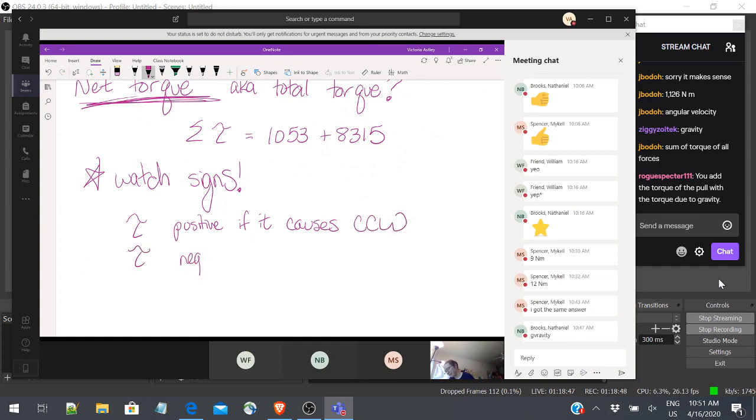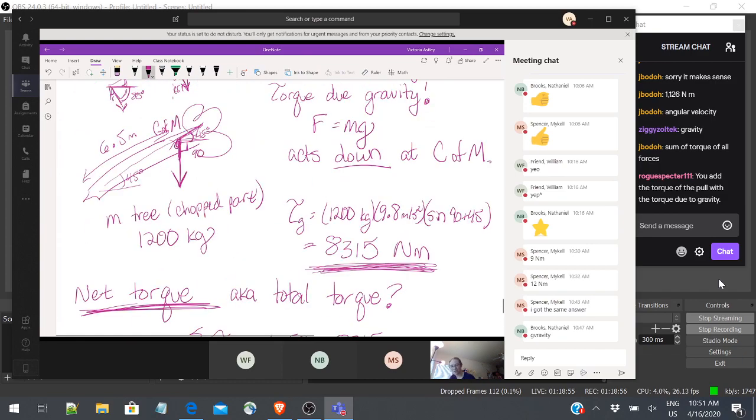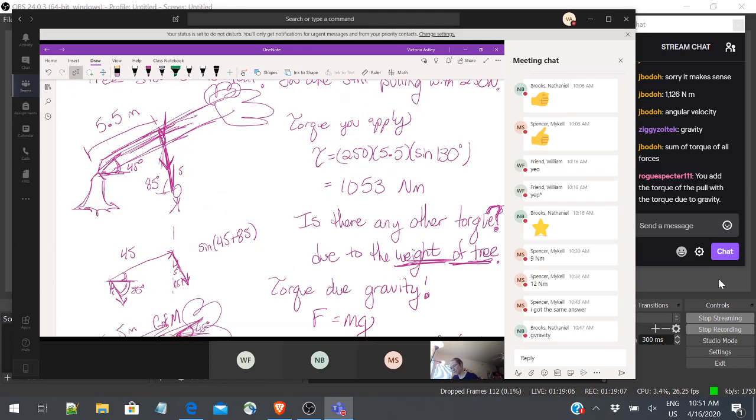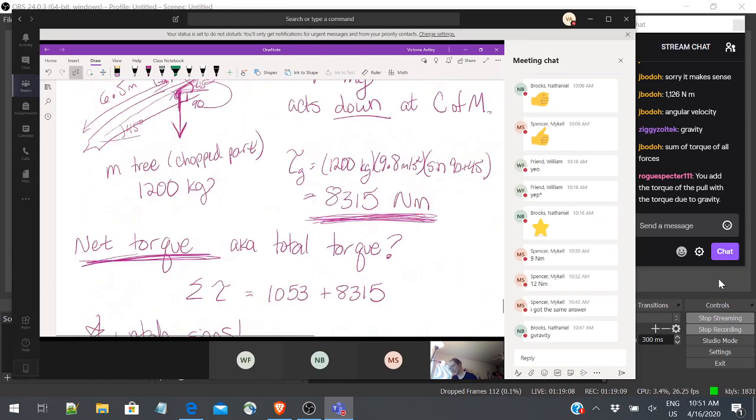Torque will be negative if it causes clockwise rotation. In this case, which way does the tree want to rotate? Right, the torques are both making the tree rotate clockwise. So these are actually both negative torques.